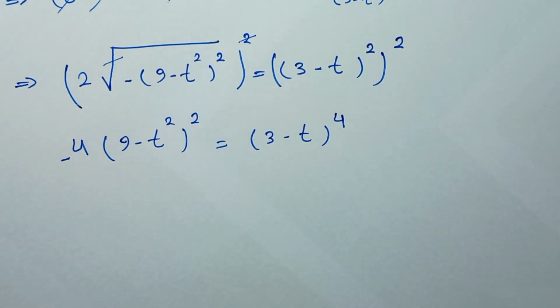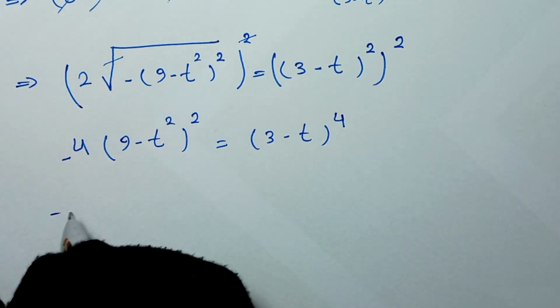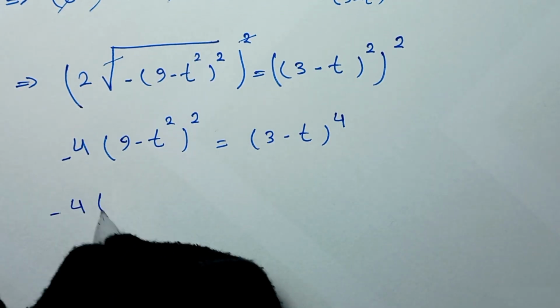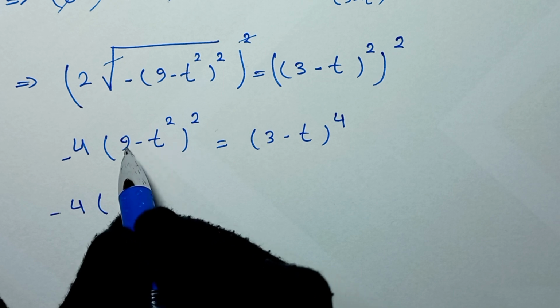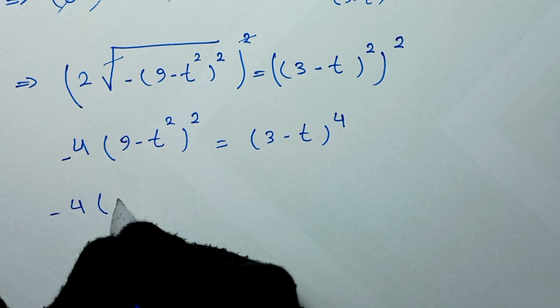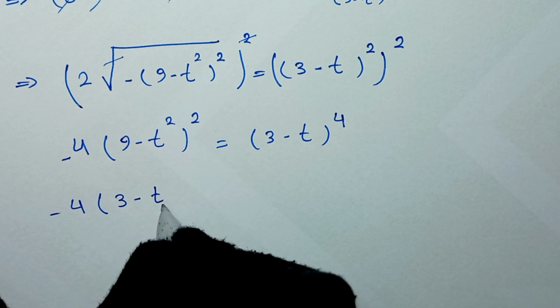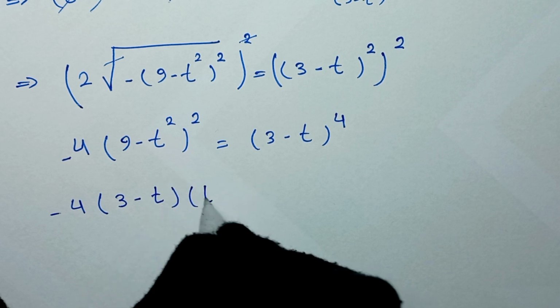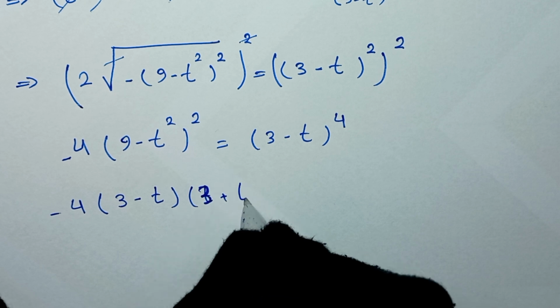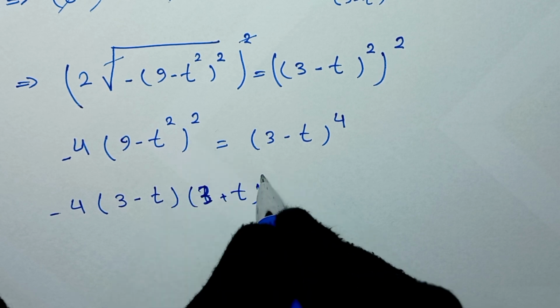And next step, we write this as negative 4 times, in here we can write this 9 minus t square as 3 minus t times 3 plus t, right? And to the power of 2.